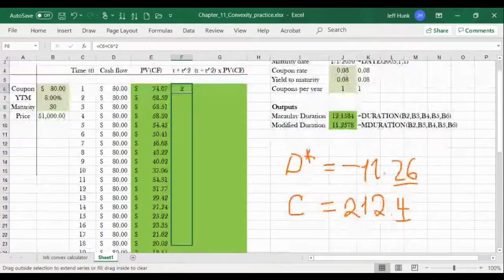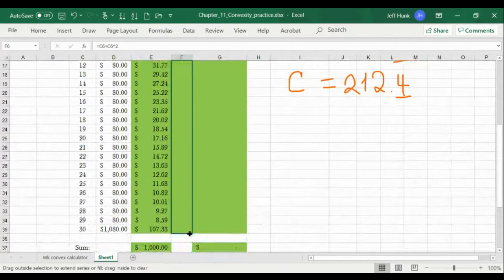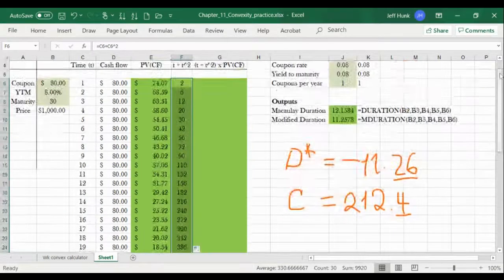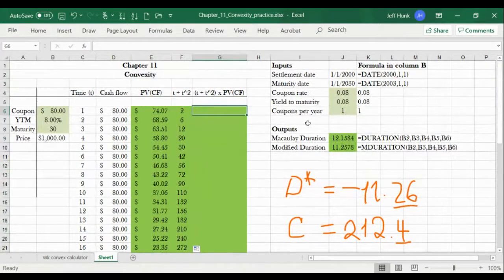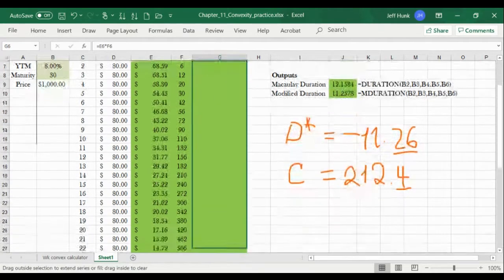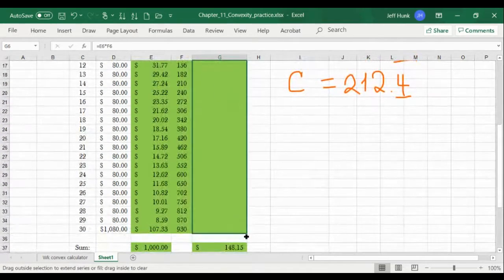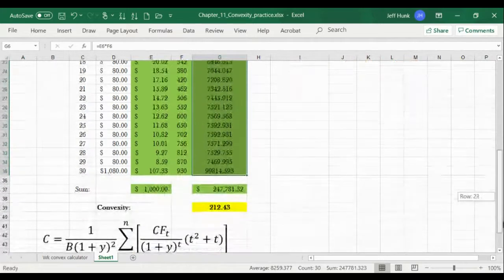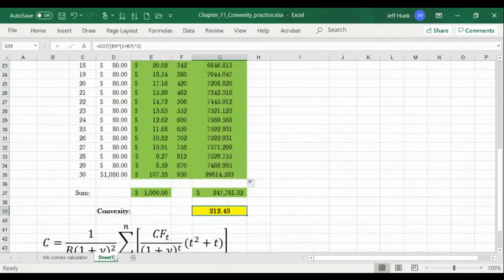And then I drag it down. There you go. And then the product of these two terms. Okay, there you go. And this is the convexity formula, right?